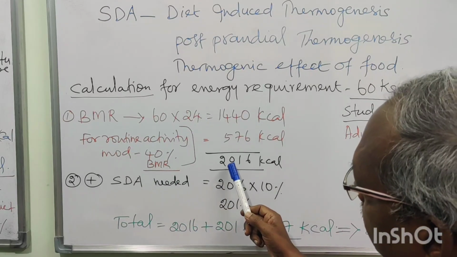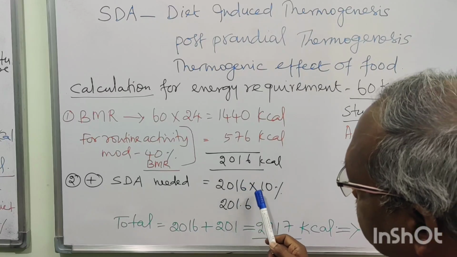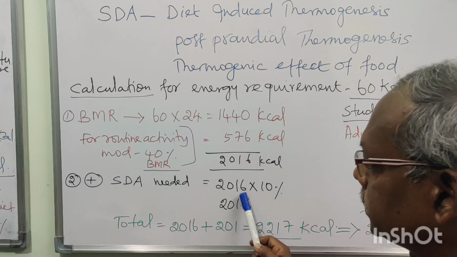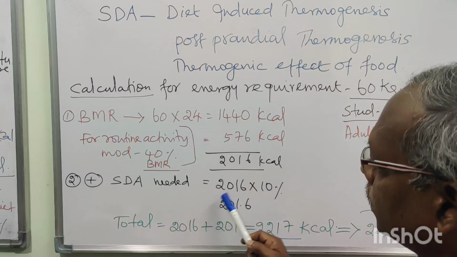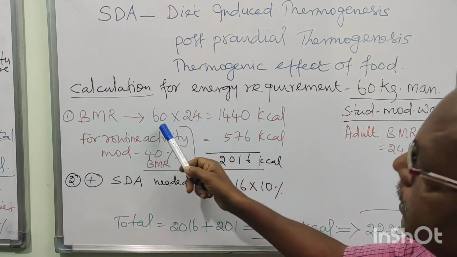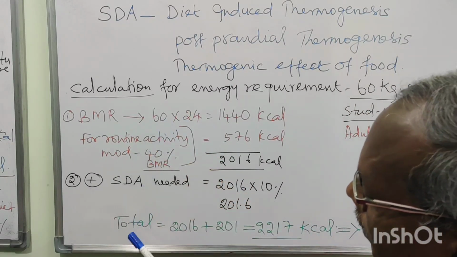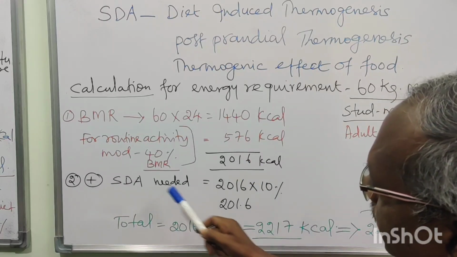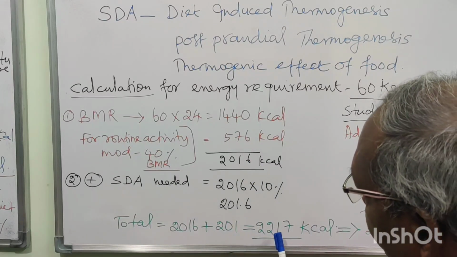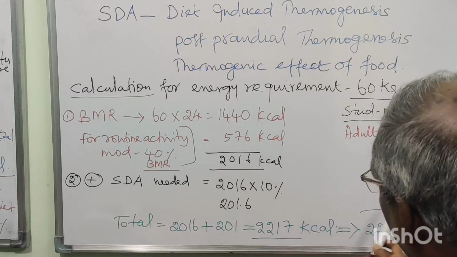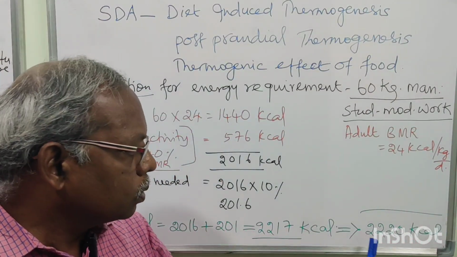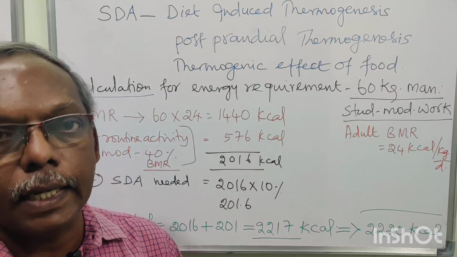So for 2016, we add 10%, that is 201. For this 60 kg medical student, BMR is 2016, SDA is 201, finally 2217, and I will round it to 2220 kilocalories.